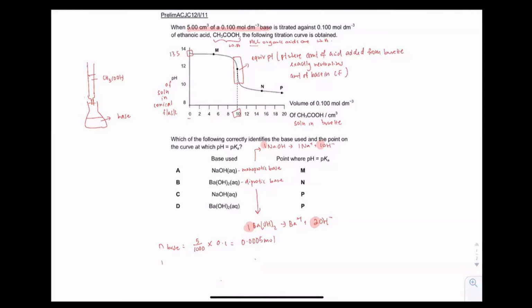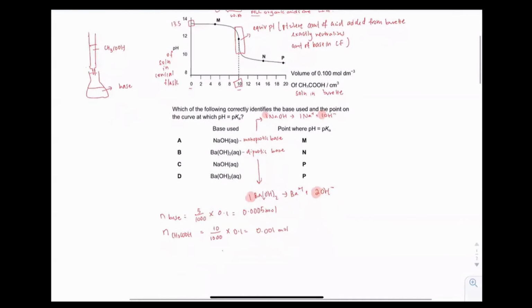Next, let's take a look at the amount of ethanoic acid that we have. I know that 10 cm cube of ethanoic acid is required to exactly neutralize the base. Hence, that would give me 10/1000 to change the volume to dm cube, times the concentration, which will give me 0.001 mole of ethanoic acid.